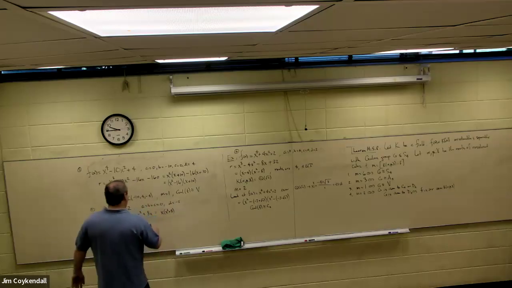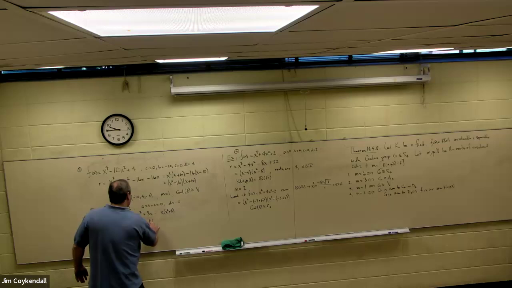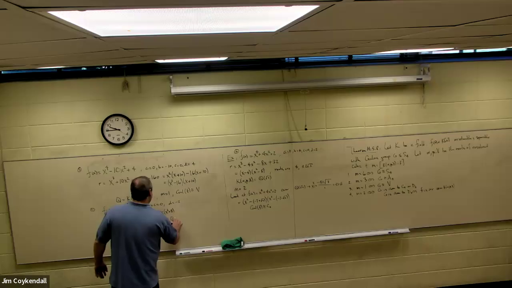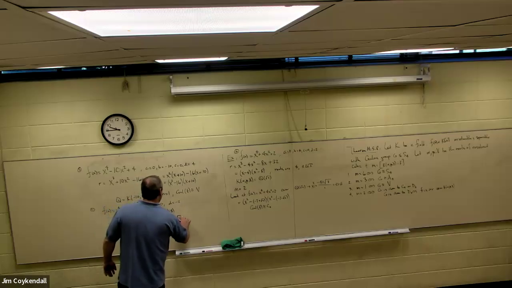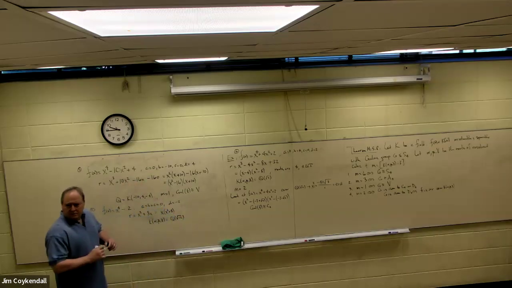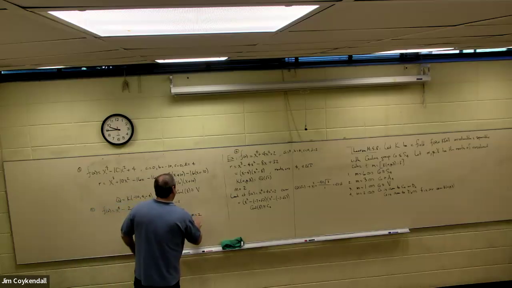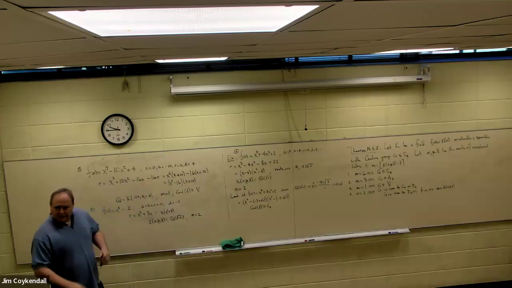Now, what you have is K(alpha, beta, gamma) is actually Q adjoined with the square root of -2. So again, m equals 2. Right.